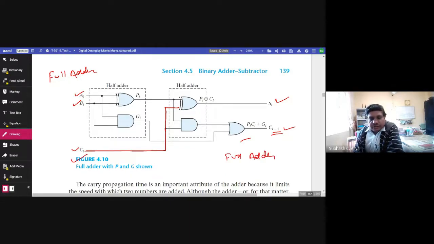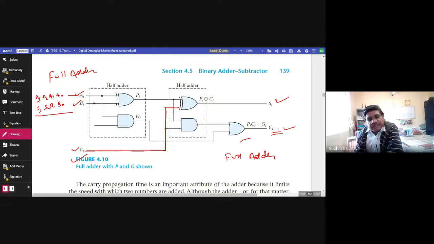Now, what is the issue basically? Suppose two 4-bit numbers are there, A0, A1, A2, A3 is Ai, and Bi is B0, B1, B2, B3, and you add. So in hardware, what is going on?